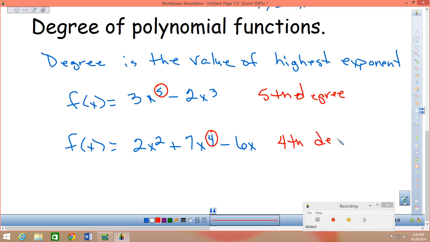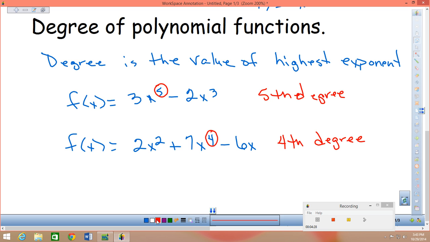I purposely wrote this one in the wrong order. Let's talk about how these are properly written. This is not wrong. It's still a 4th degree polynomial. But when you see these written and when you write them yourself, you're typically going to write them in the order of the highest exponent first, the term with the highest exponent, and then in descending order from there.